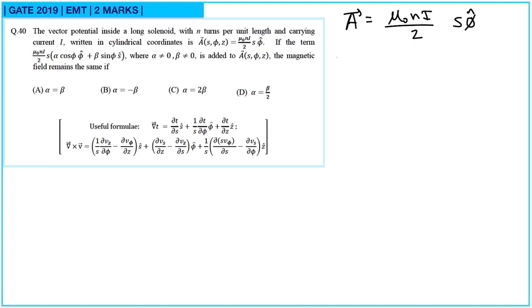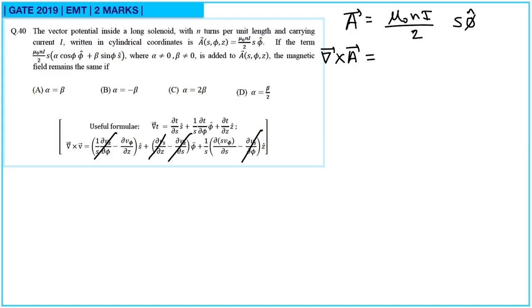So for this case we can calculate the curl of A. Now this is a phi cap term, so A phi is not equal to 0, other terms are 0. So only the phi term will survive, and these terms will be 0. So we have to consider only this. Now this is dou by dou z.